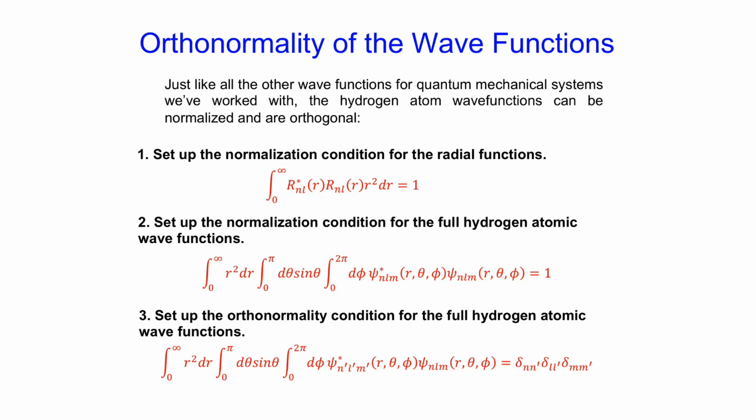So just remember, if any one of these is not equal, it doesn't matter if n equals n prime and l equals l prime, but m does not equal m prime, then that whole thing equals 0. So it just takes one of these to spoil the bunch.